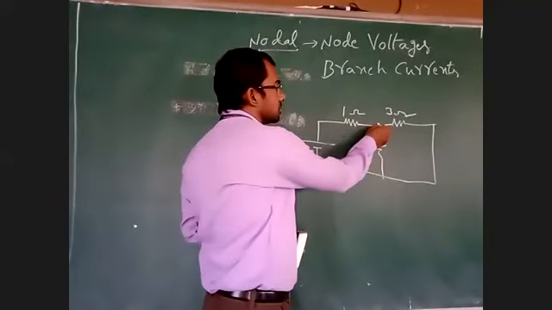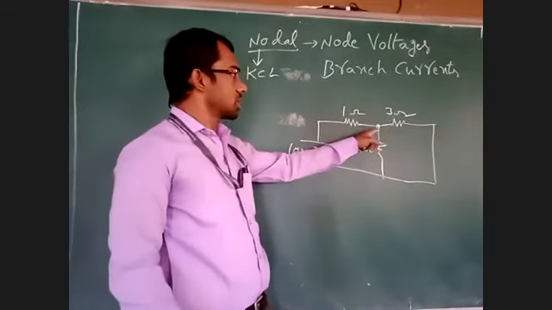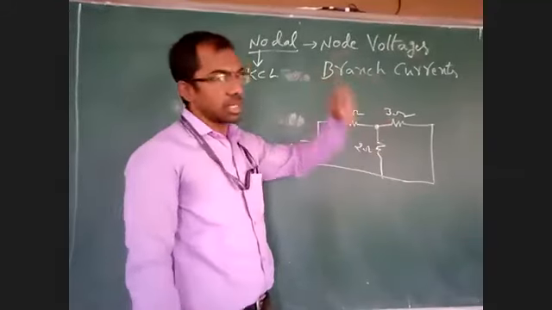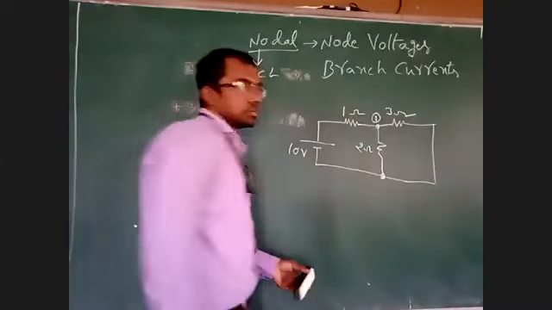Let us take this as the node point. Here, how many branches are connected? Three branches are connected. Let us take this as node point 1. Here also one more node is there.